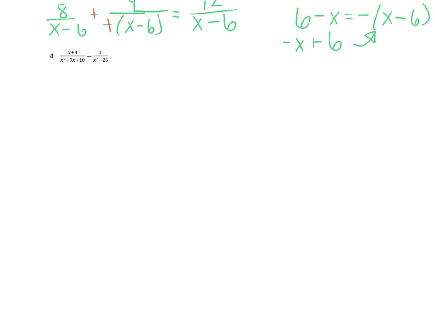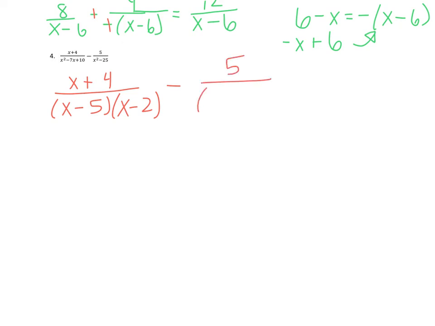Finally, we have this one. This one's a little bit of a bigger problem. So let me rewrite the denominators fully factored so we can see what our LCD is. We have to be careful with minus signs. Okay.